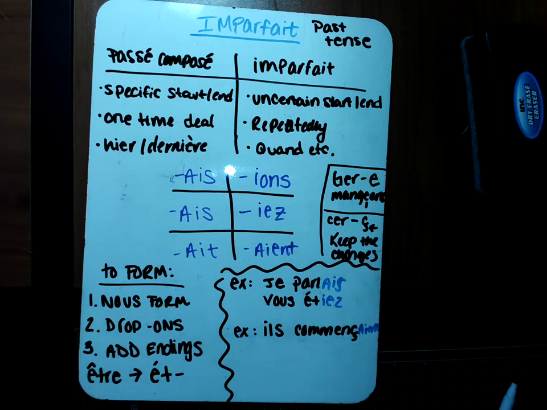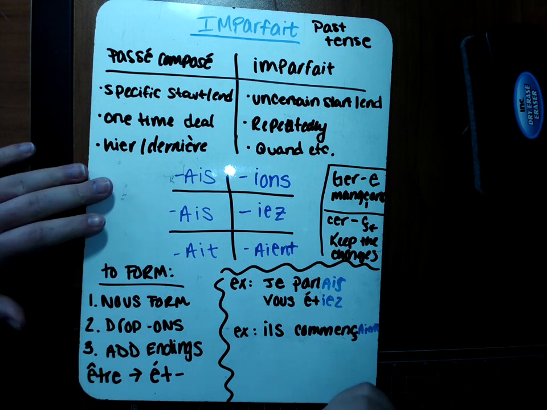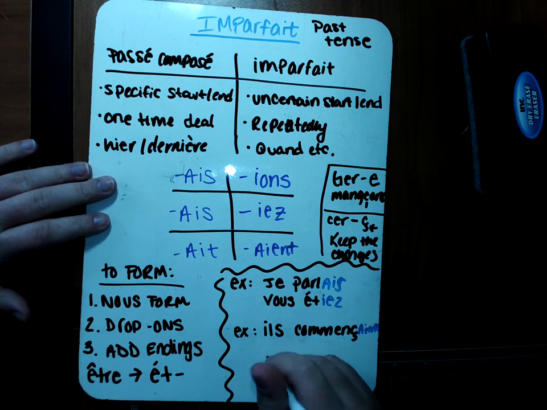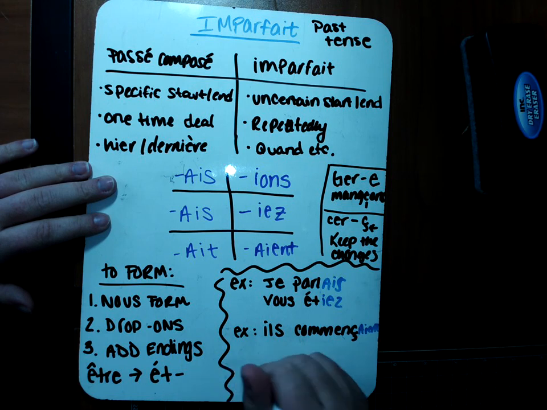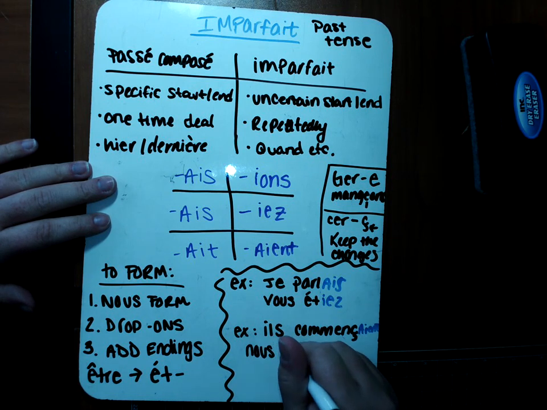All right, let's do another example. Let's do the verb vendre, the verb to sell. Let's do nous, we haven't done one with nous yet. So nous, and then we're going to write vendre.